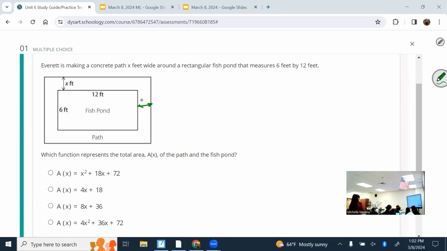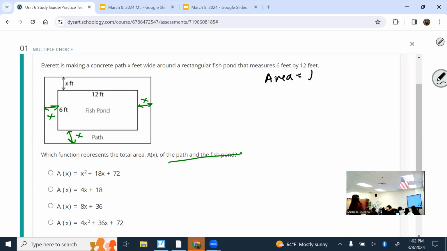Okay, so just know that. And then we want a function that represents the total area of the path and the fish pond. So really that means I want the area of the whole large rectangle. So what I would need to do is, how do you find area of a rectangle?